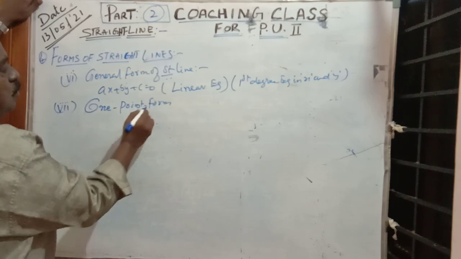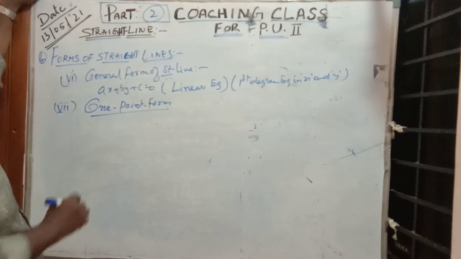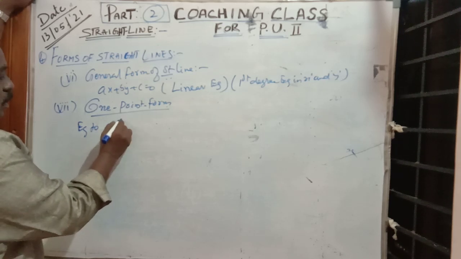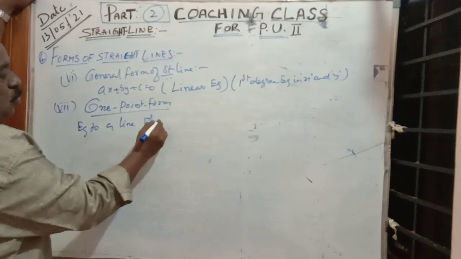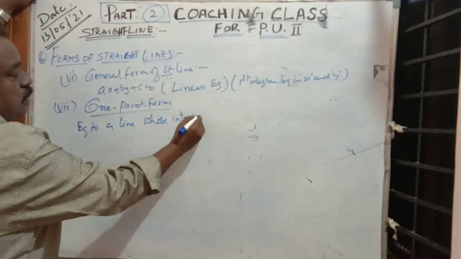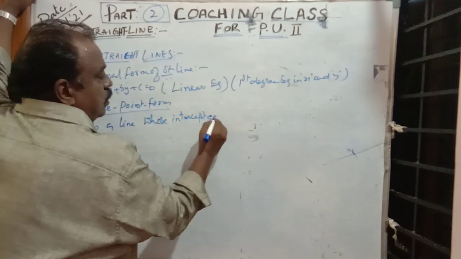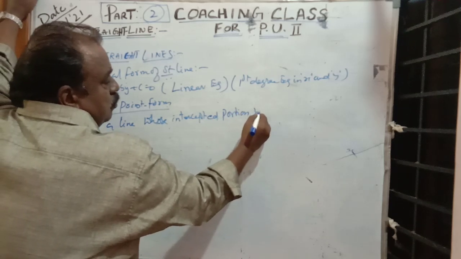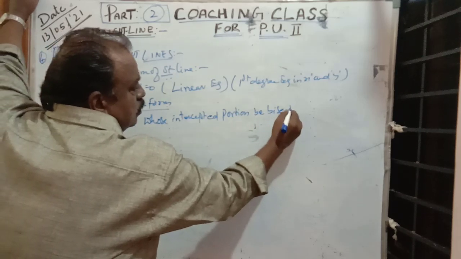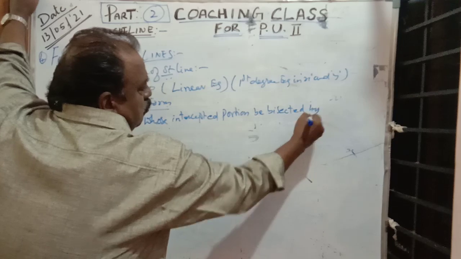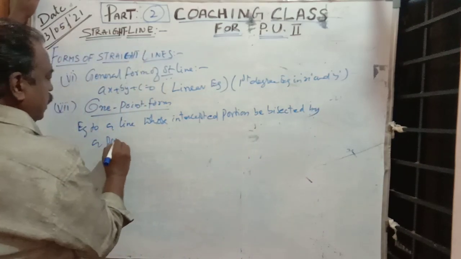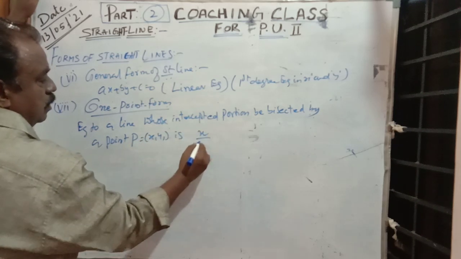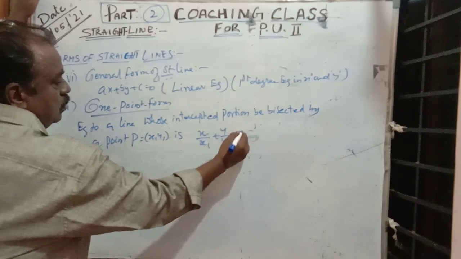A line whose intercepted portion is bisected by a point P, x1 comma y1, is x by x1 plus y by y1 is equal to 2.